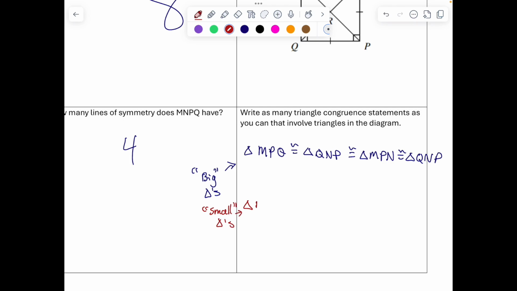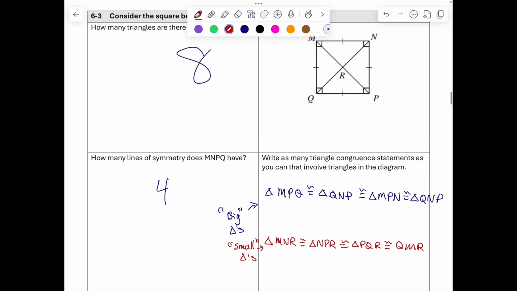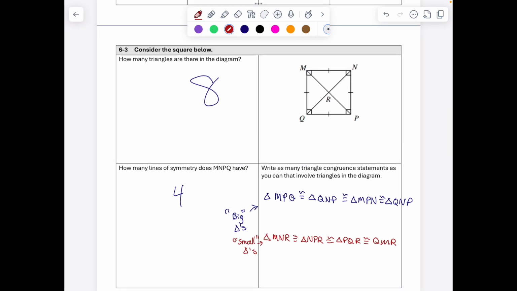So triangle MNR is congruent to triangle NPR, is congruent to triangle PQR, which is congruent to triangle QMR. So those are all congruent to each other, but we wouldn't say that the big is congruent to the small. We wouldn't say that, but these are the ones that are congruent.